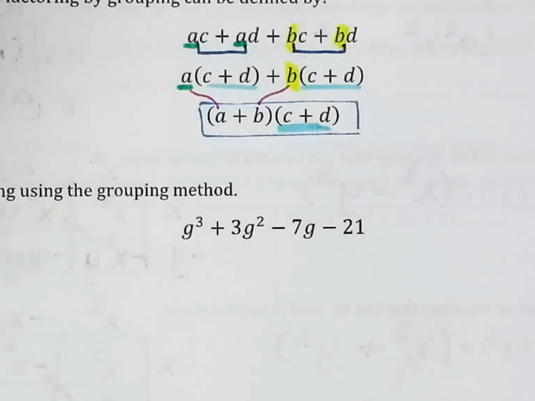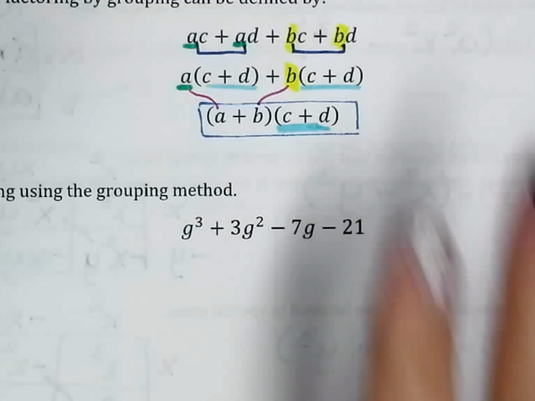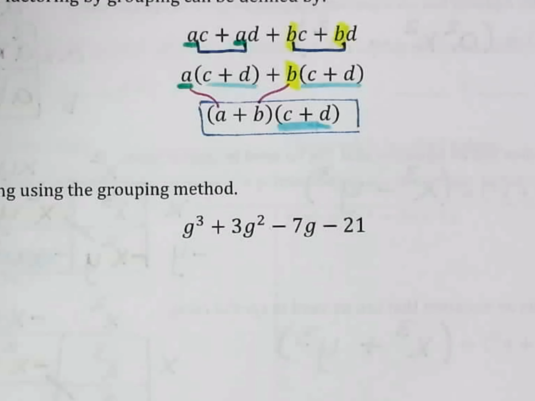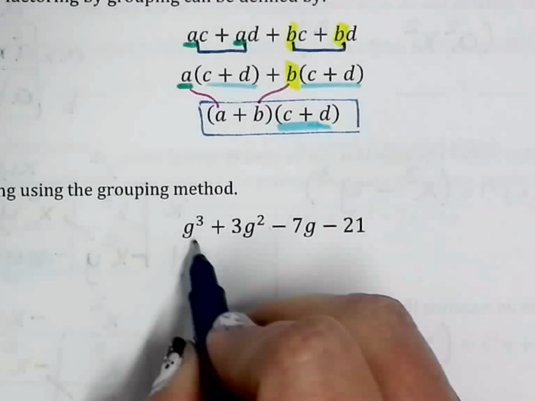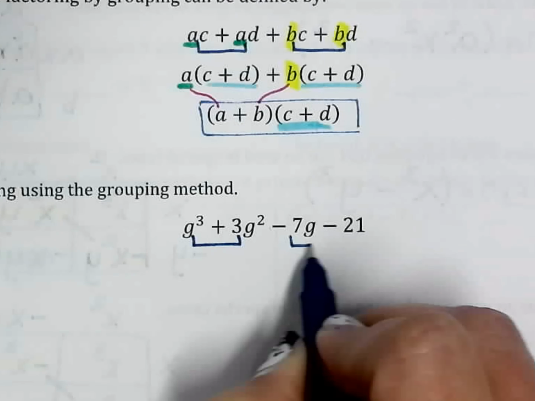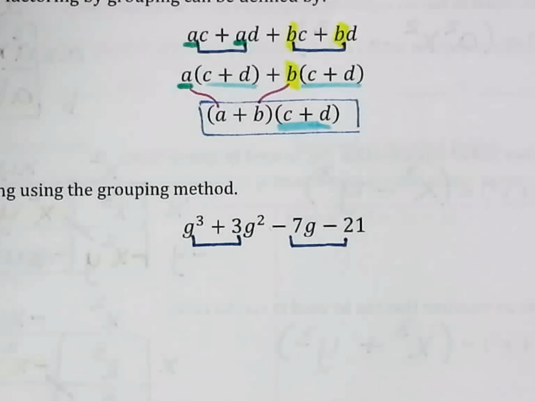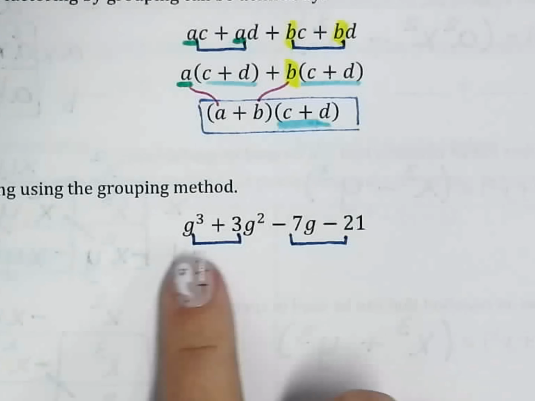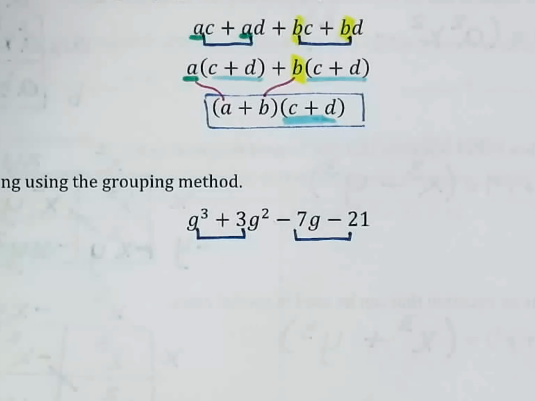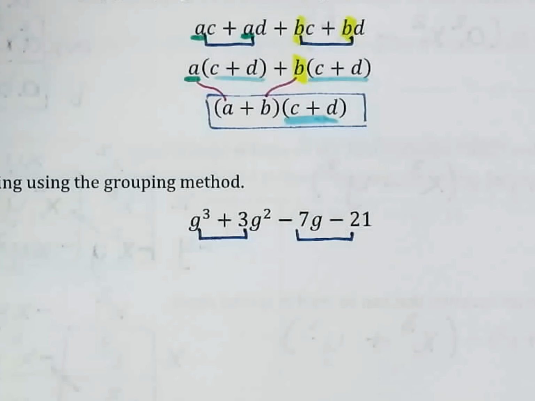This is what it looks like when we don't have half of the alphabet right there. So we're going to follow the process. First, group them together. And it's better if it's already in standard form, from highest degree to least degree. If it's not, I would prefer putting them in standard form first.